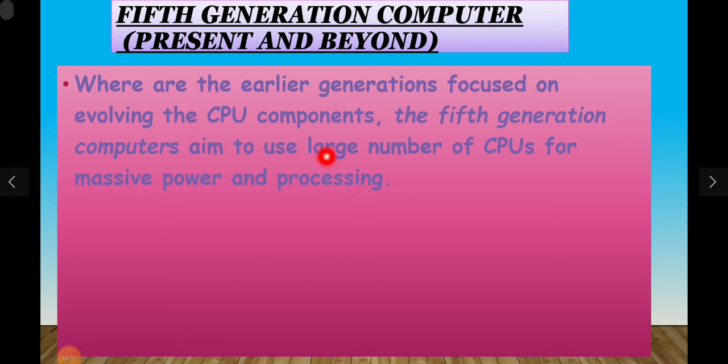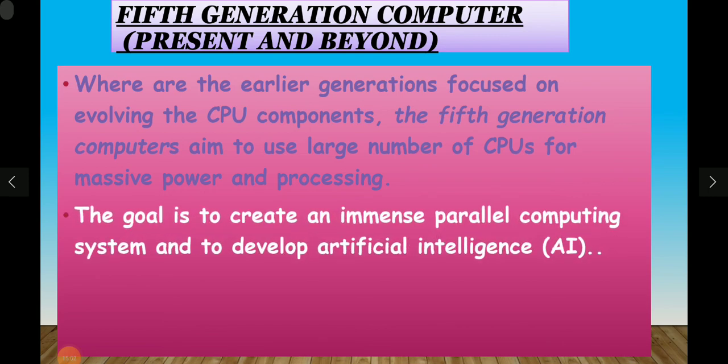Like that, the CPU gets changed and updated over the years, and the fifth generation computers aim to use a large number of CPUs, that is central processing units, for massive power and processing, to process large amounts of data with the fastest process. The goal is to create immense power and to develop artificial intelligence.